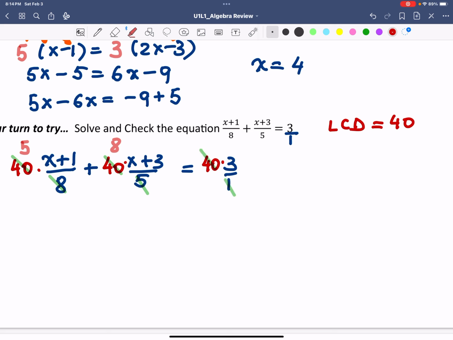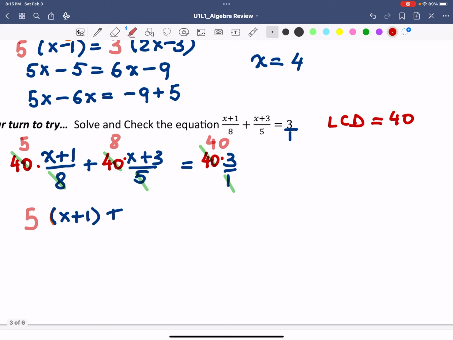So that doesn't change. So now we rewrite the equation with no denominator. So we have number 5 will multiply x plus 1. Now, number 8 will multiply x plus 3. And number 40 will multiply number 3.